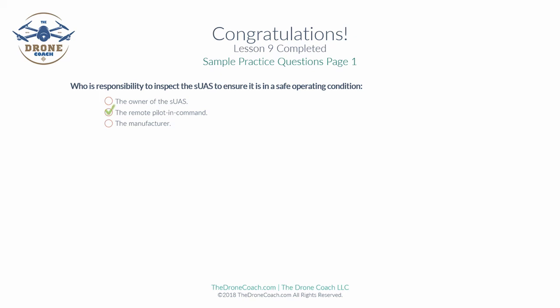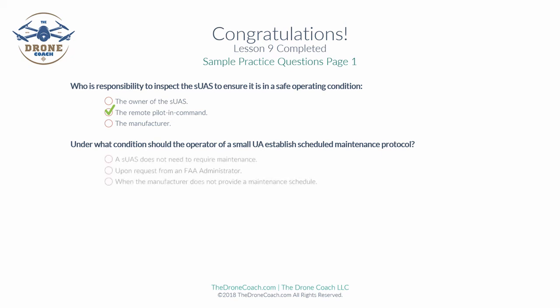That would be the remote pilot in command. Under what condition should the operator of a small unmanned aircraft establish a scheduled maintenance protocol? Well, you definitely should establish a maintenance protocol when the manufacturer does not provide a maintenance schedule.